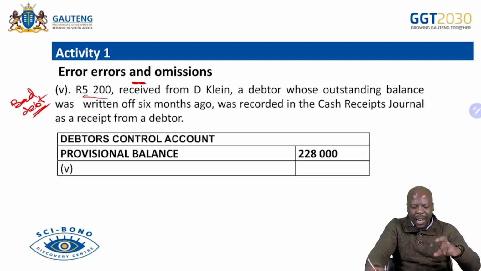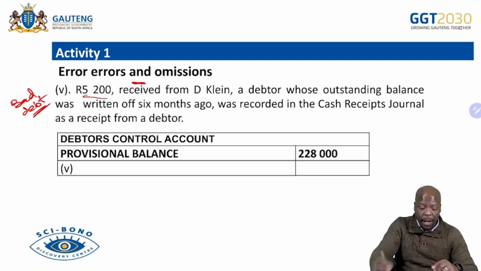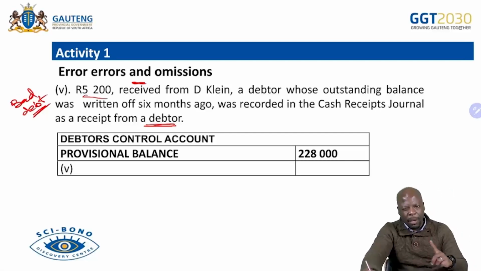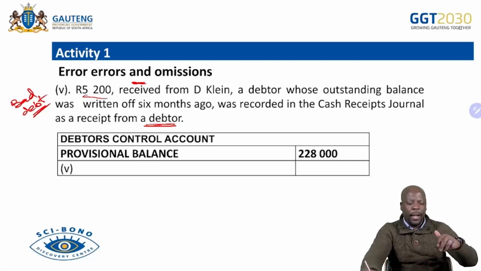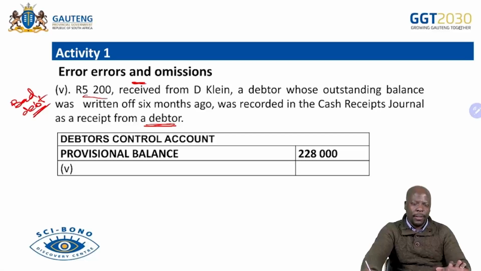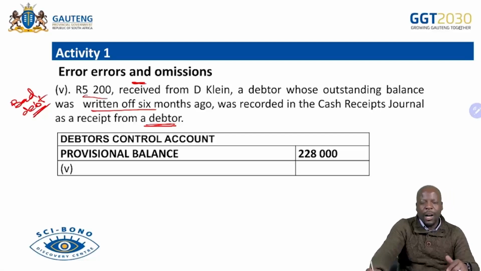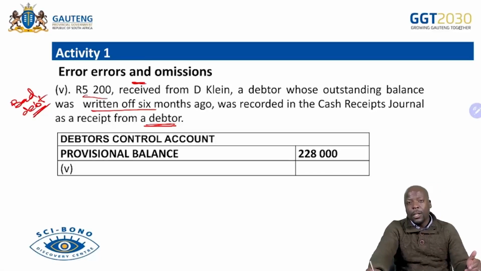However, it was recorded in the CRJ under the debtors column as a receipt from a debtor. I'm going to repeat again. When we have a debtor who's owing us, and then we write him off, once he's written off, it means he's now a bad debt. He's no longer part of our debtors.